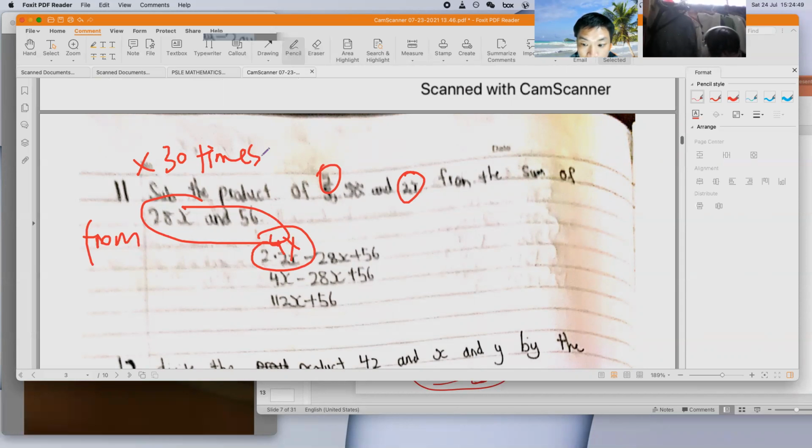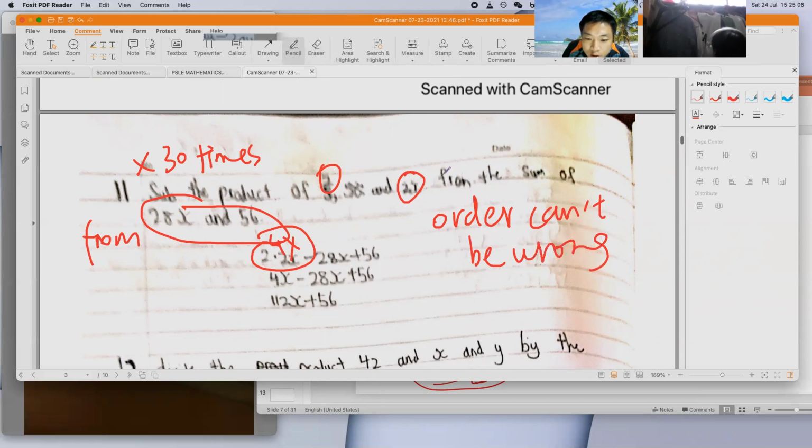Not get it wrong. Huh? Not getting it wrong. I did not say that. Cannot get the order wrong. The order can't be wrong, right? So what's wrong with this question then? What's wrong with this question?